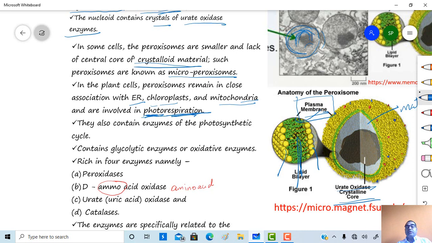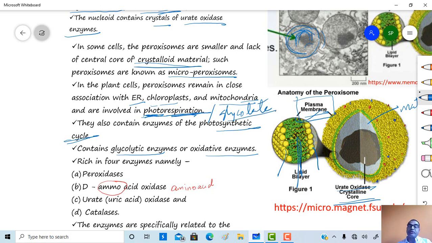They also contain enzymes of the photosynthetic cycle, glycolytic enzymes or oxidative enzymes. All these enzymes are present in hydrogen peroxide metabolism as well as in photorespiration. Photorespiration is also called glycolate metabolism.